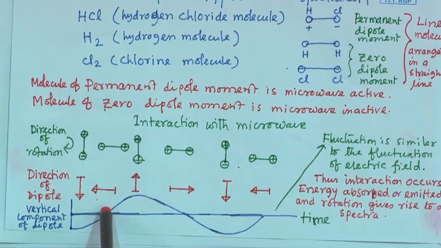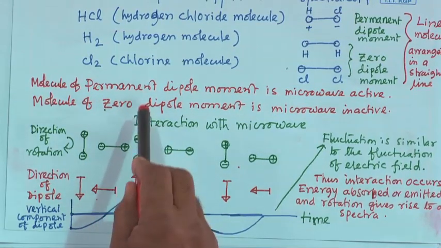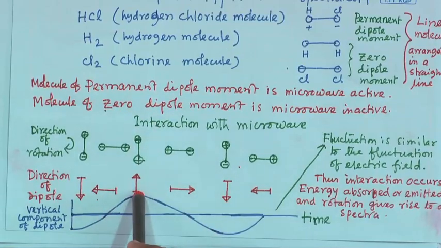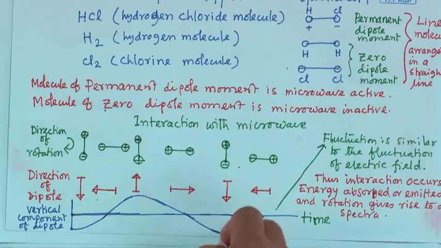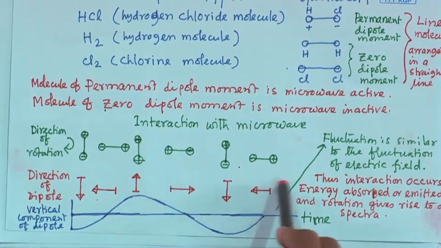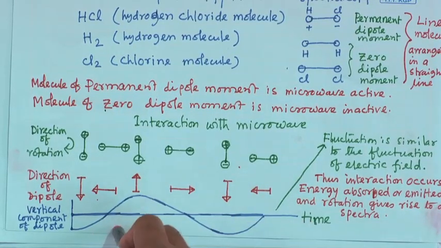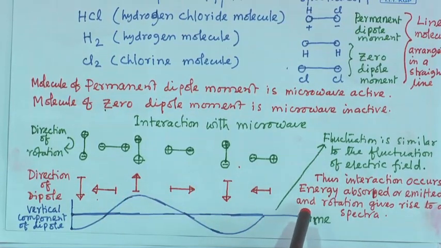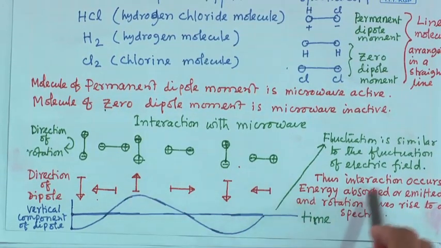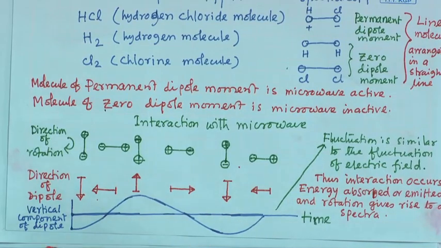Here again in the positive direction the vertical component is maximum, then again 0, then maximum in the negative direction, then again 0. So this is the fluctuation of dipole moment with time, a periodical variation of the dipole moment due to the rotation of the molecule.